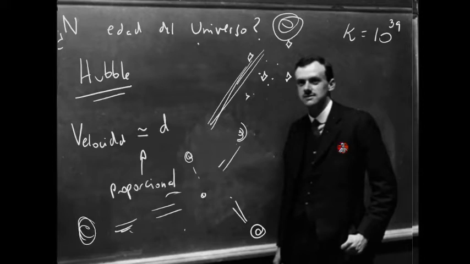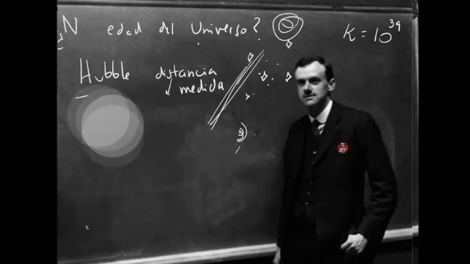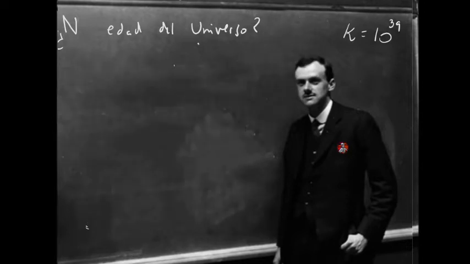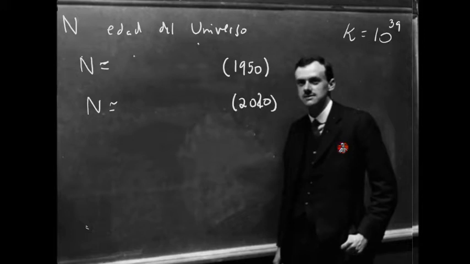And from the connection between the velocity of recession and the distance, we get the age when this universe started off. It's called the Big Bang hypothesis. There's a definite age when the Big Bang occurred. The most recent observations give it to be about 18 billion years ago.